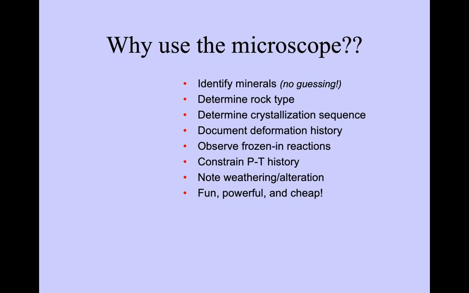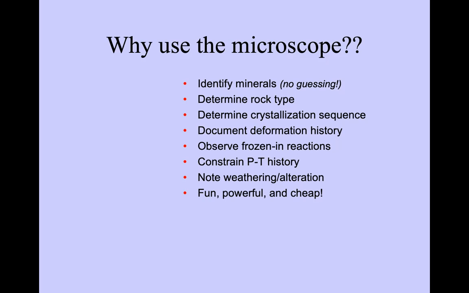For that, we have to use a polarizing microscope, because we have to investigate different samples from different places at different depths of these rocks under polarizing microscopes, and we can document the history, not only deformation history, but also the crystallization history sequence, and also the mineralogical formation, the mineral reactions even at the Earth's interior.